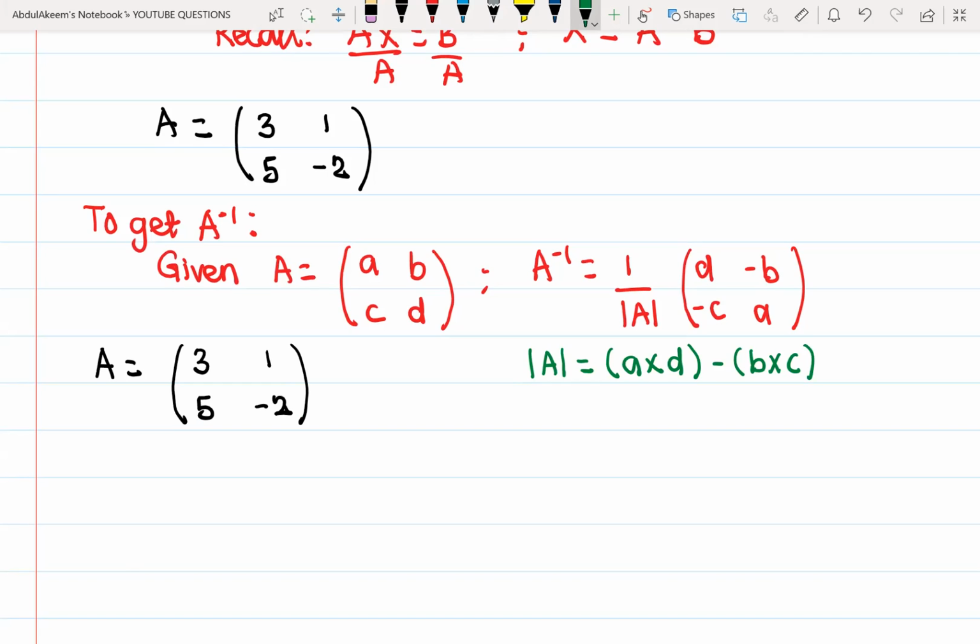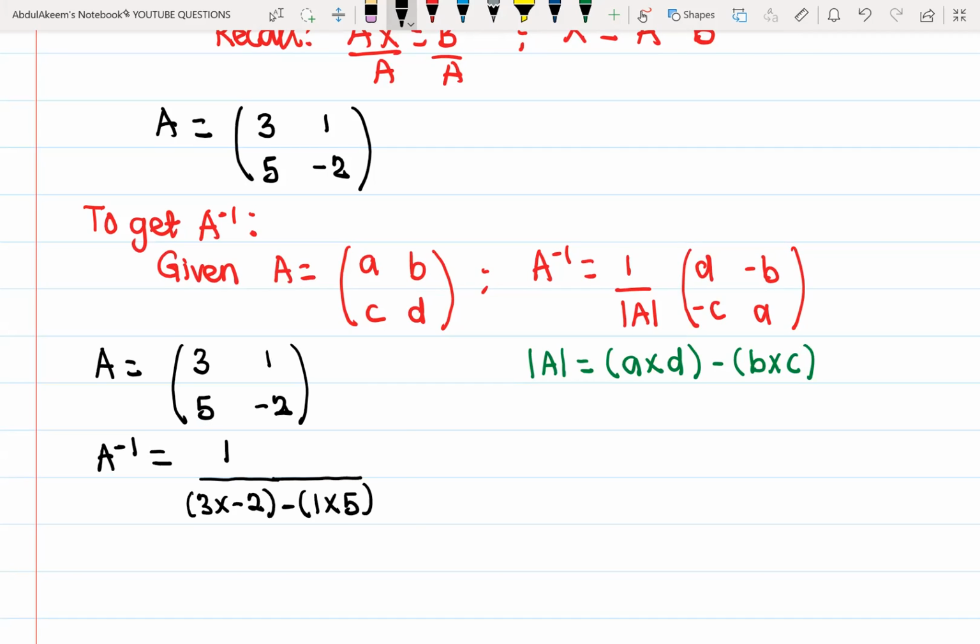So for this one now, if I want to get my A inverse, it will now become 1 divided by the determinant of A. Matrix A will now become 3 times minus 2, minus 1 times 5.